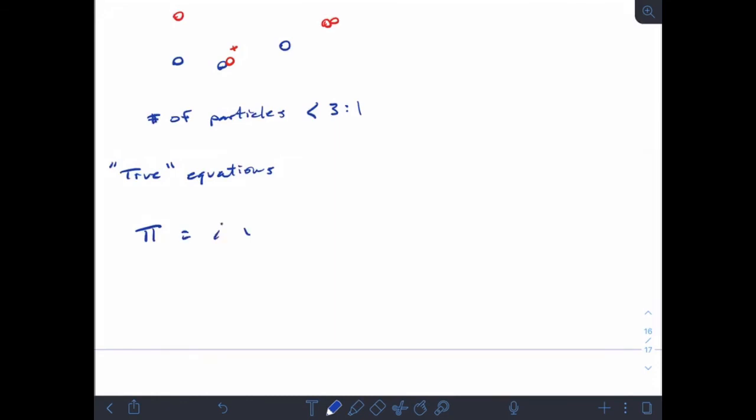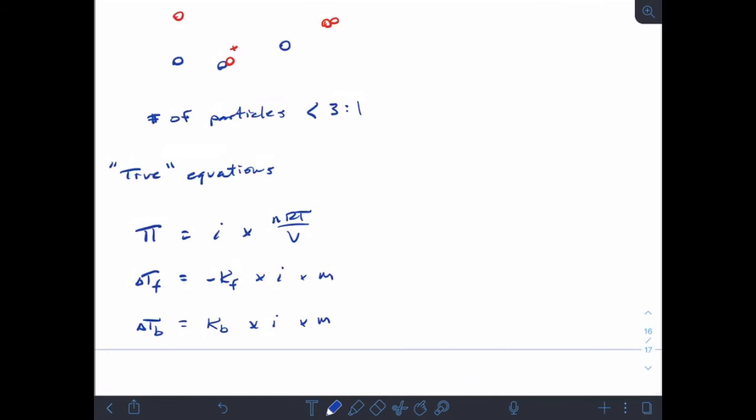So osmotic pressure equals i times nRT over V. And delta TF equals negative KF times i times molality. And delta TB, same thing: KB times i times molality. Right? So i makes things more accurate.